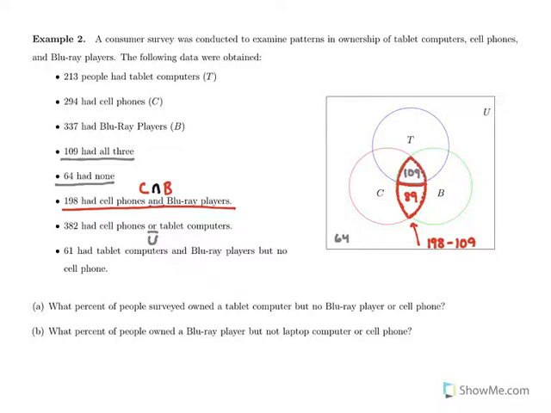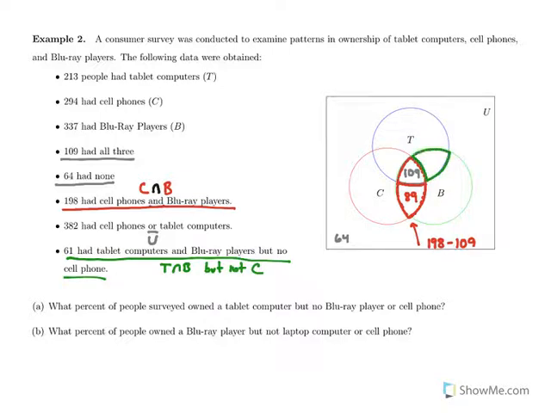So next, let's look at this piece of information. 61 had tablet computers and Blu-ray players, but no cell phone. So let's try to think about what piece of the puzzle this is looking at. This is saying that we are intersecting T and B, so we're in T and B, but not C. And that is going to be this little area right here.